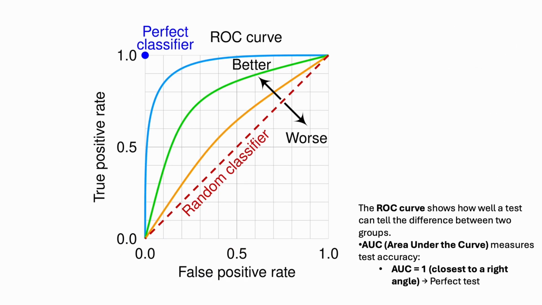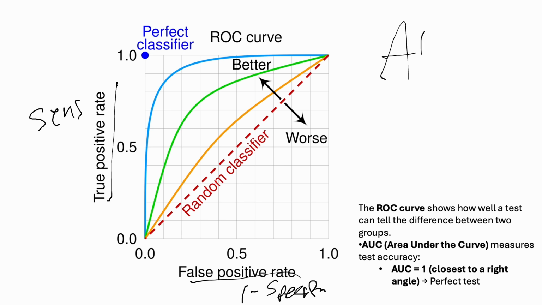All right, and then the ROC curve is something that's high yield as well, but essentially this just shows how well a test can tell the difference between two groups, like sick versus healthy. And the plot will be the true positive rate, which is sensitivity, versus the false positive rate, which is 1 minus specificity.